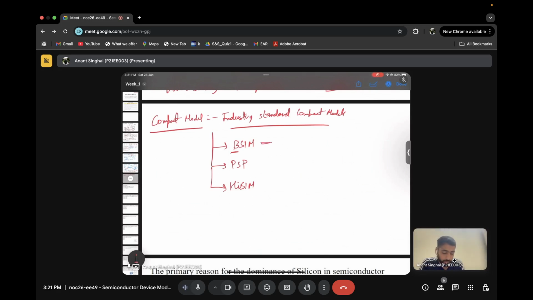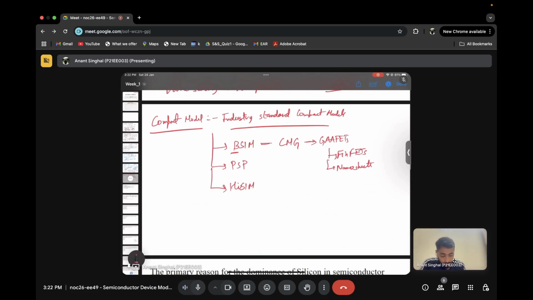So in BSIM, for example, we have a compact model called BSIM-CMG, which is a common multi-gate model that supports all the gate all-around FETs, which basically means FinFETs, nanosheets, etc. Now this particular model looks simple, but it has thousands of lines of code, and at the same time, it has thousands of parameters that we need to have complete knowledge of.